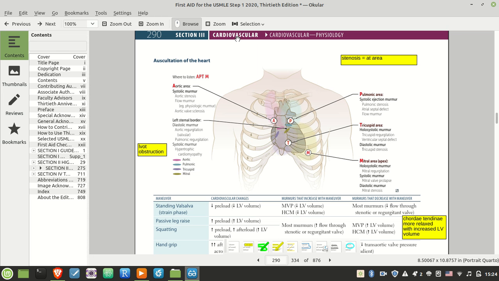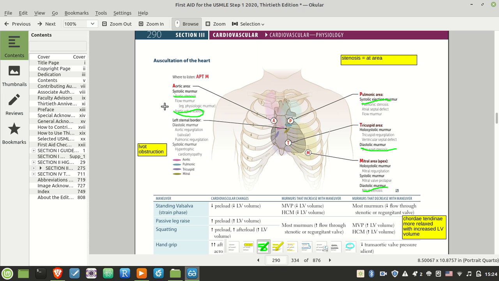And obviously, flow through the mitral valve is pretty big during diastole. So when it's having trouble going through, like mitral stenosis, it'll be diastolic. All right, so we can cross out a lot of these things so far. Aortic stenosis, aortic valve sclerosis, which is pretty similar to aortic stenosis, so we can cross that off too. Pulmonic stenosis, tricuspid stenosis, mitral stenosis, and so on.